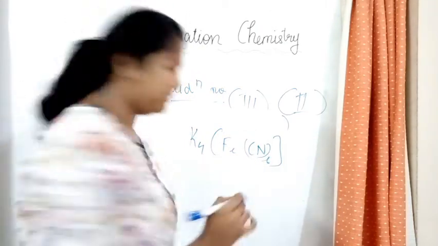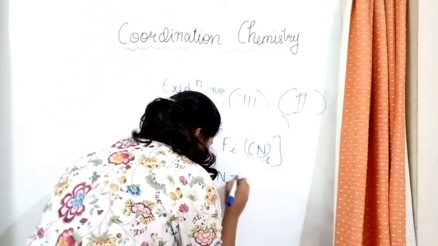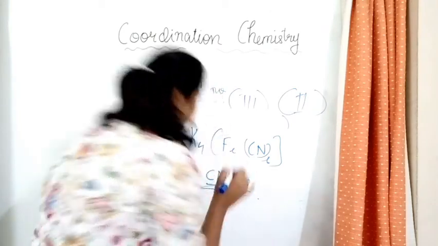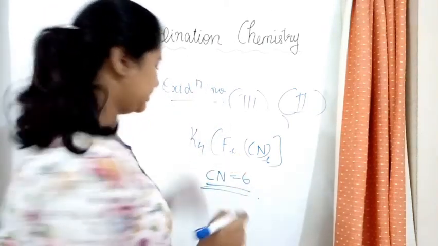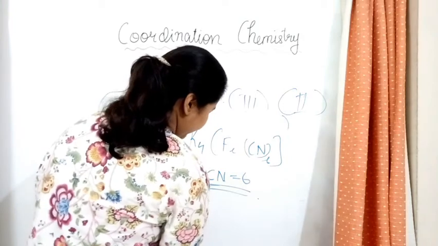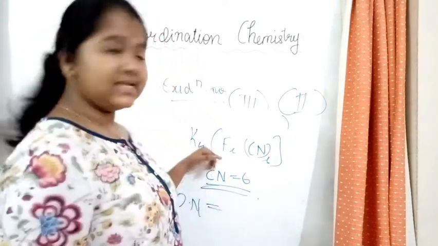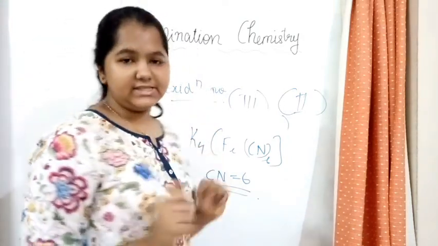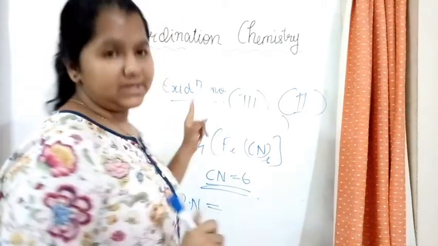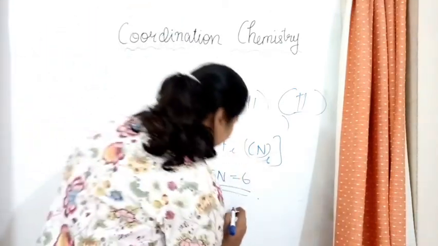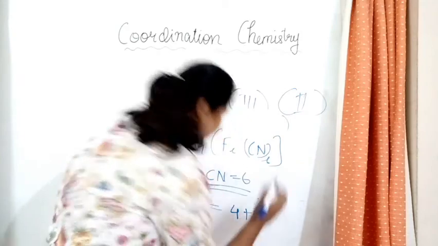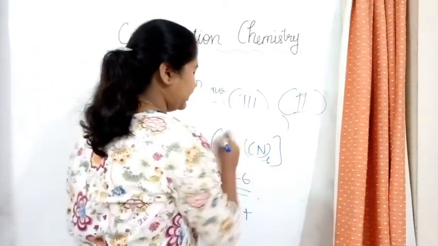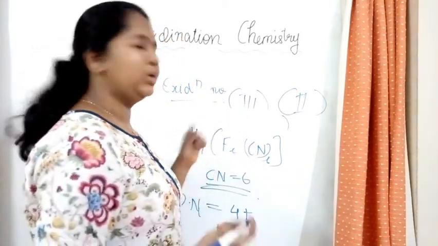What's the coordination number? Coordination number is equal to 6. Now let's see the oxidation number. You can see there's a radical outside. What is the charge of this radical? This is plus 1. Plus 1 into 4 is 4, am I right? This is plus 4. Plus, what is the oxidation number? We don't know.